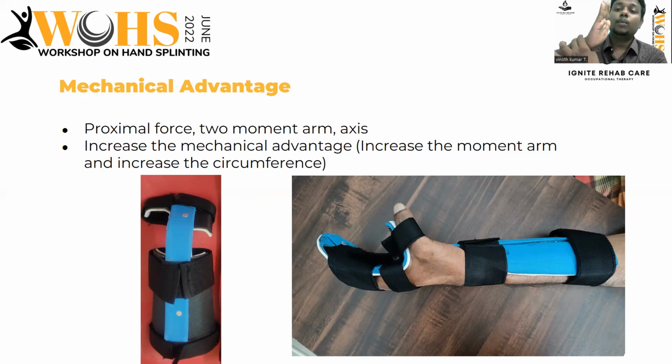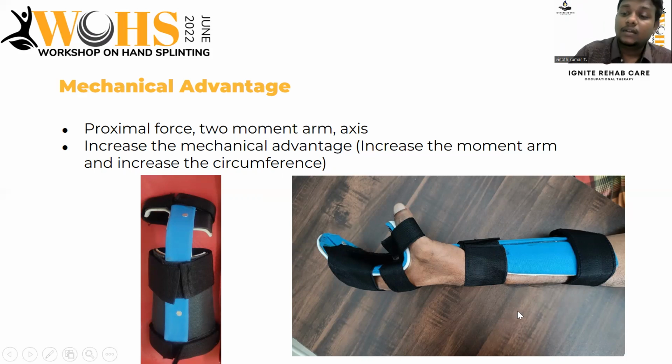If you don't provide appropriate force, like if it needs 200 grams, the perpendicular force going over the center part should provide the same amount. Also, if you don't provide the appropriate distance, so if the weight of the arm is more, the more moment arm you give proximally, the more comfort for the patient.